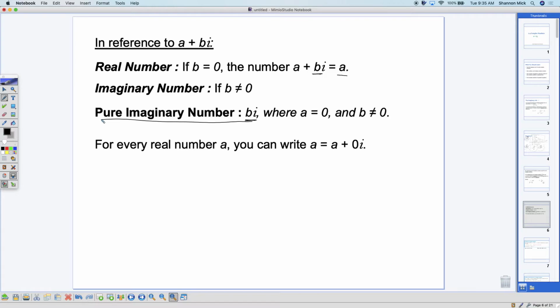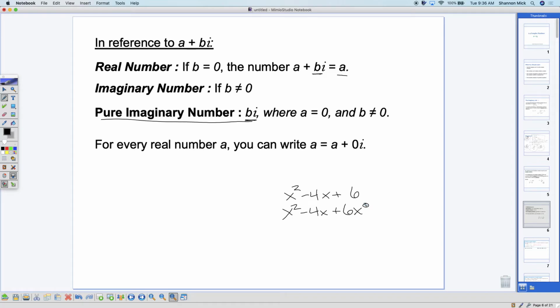For every real number, you can write it as an imaginary number. This is just a side note. If I have a, I can always write a plus 0i. Just like if I had x squared minus 4x plus 6, could I write that as x squared minus 4x plus 6x to the 0?